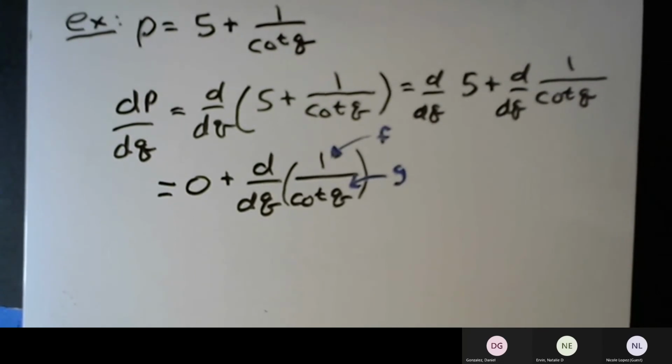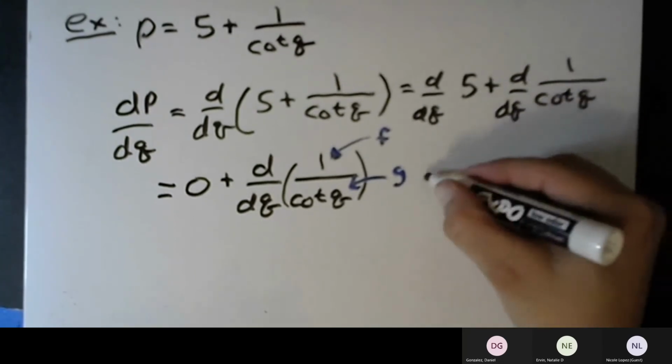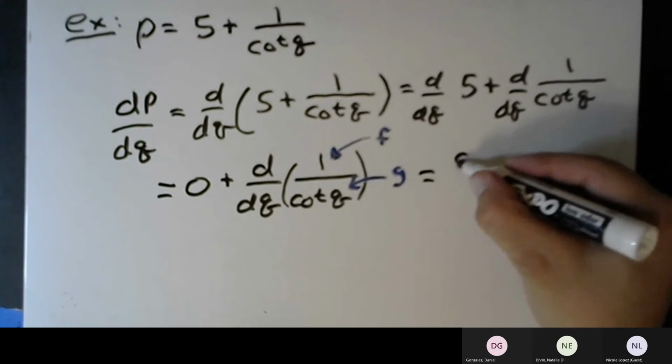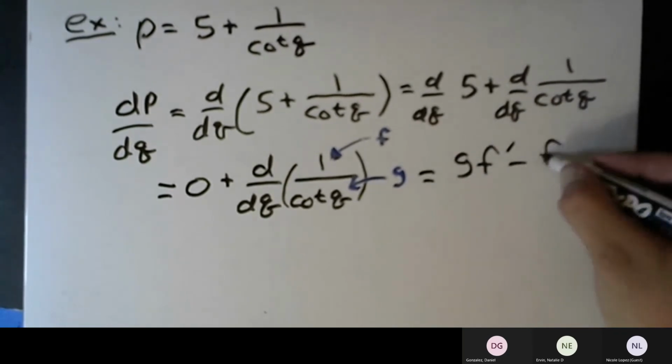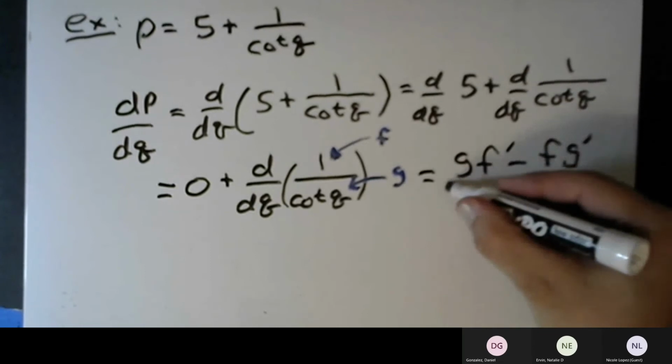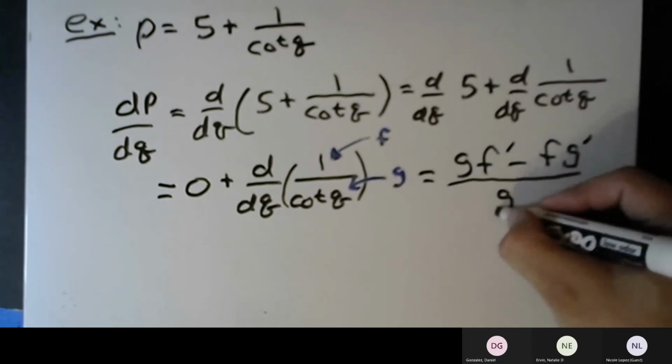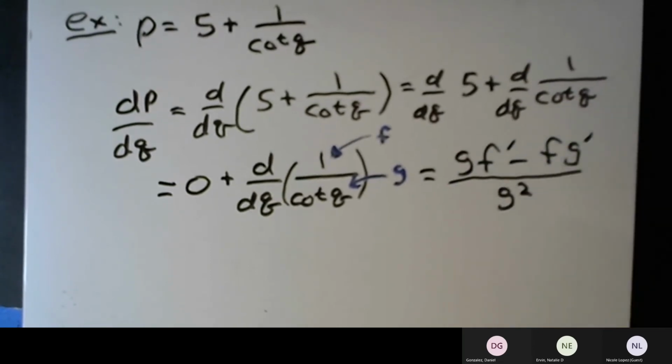So again, using that quotient rule, g f prime minus f g prime over g squared.